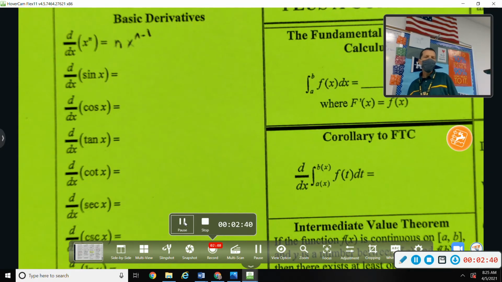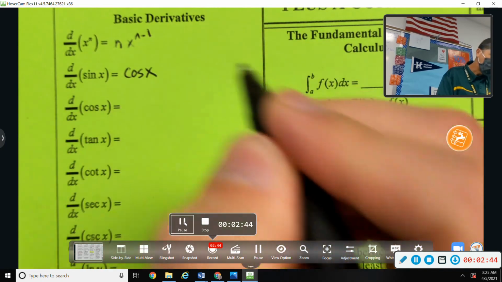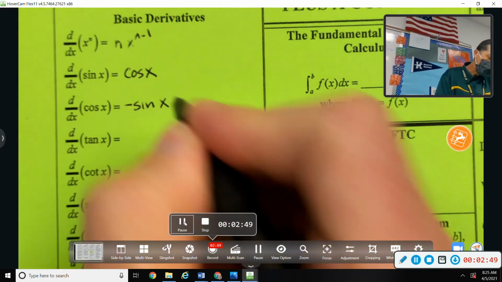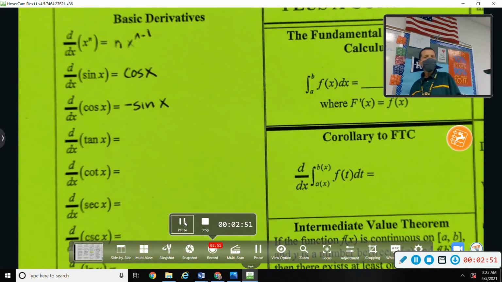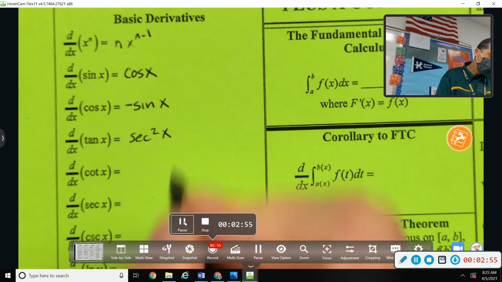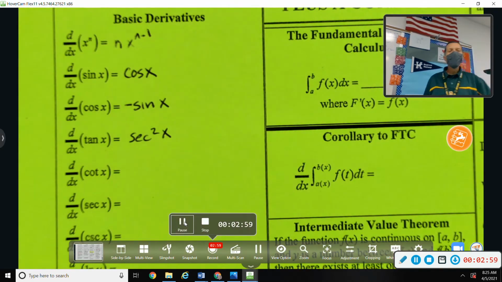What's the derivative of sine? Cosine. How about the derivative of cosine? Negative sine. Derivative of tangent? Well, it should go with tangent, right? It should be something similar.